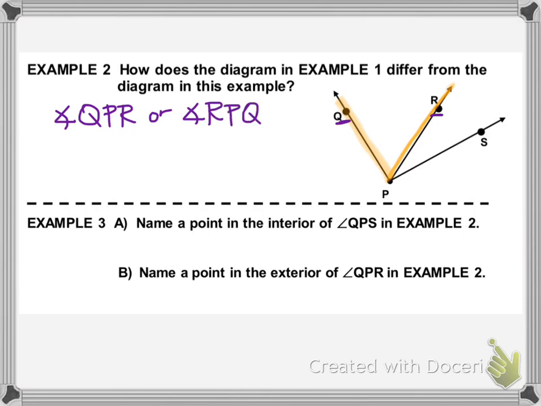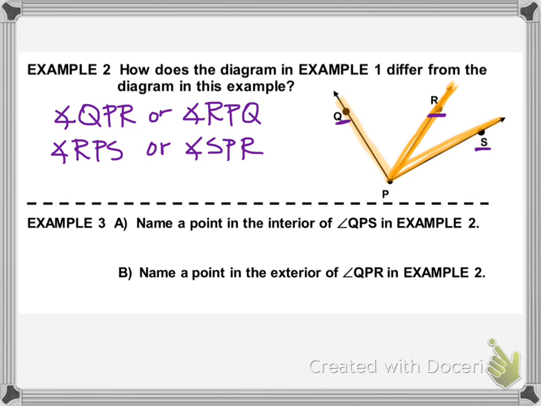So those both refer to that one angle. Now let's name this other smaller angle. And this time we want to still use P as our vertex, but this time we're going to use R and S because those are points on each of its sides. We can name that angle one of two ways: angle RPS or angle SPR.